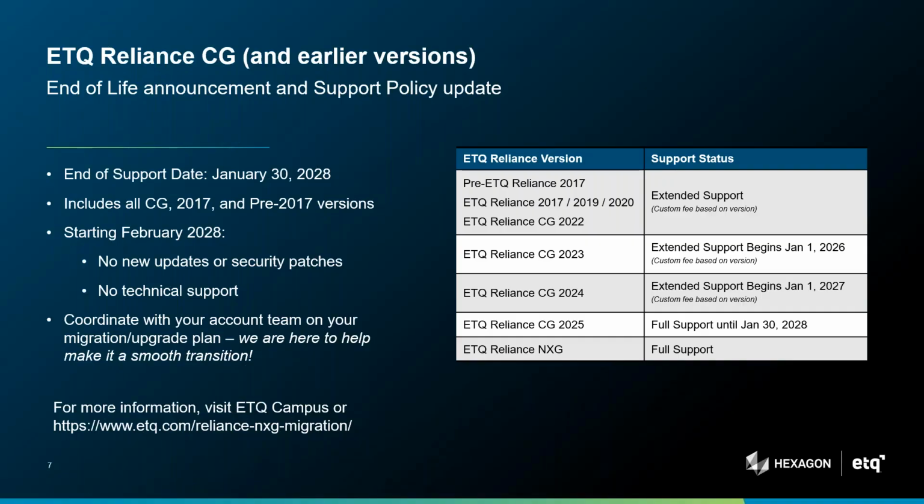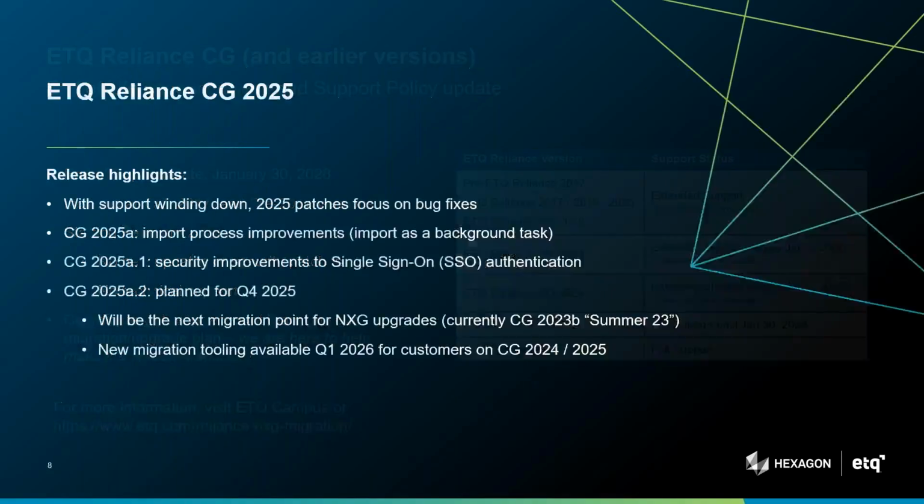If you're on 2024C, we're almost there for you, because coming in early Q1, we will have the new migration tooling, and that will support customers on CG 24 and 25. As of right now, the jumping off point is CG 2023B, summer 23. So that support is coming.